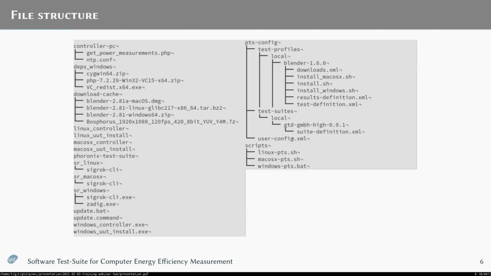Like, for example, it contains the path to your download cache and where you want to install stuff and so on. Usually you don't have to change anything here, just so you are aware there is another configuration file here. And finally, we have our script files, which can be used to run a test or to install everything or to uninstall everything, of course.